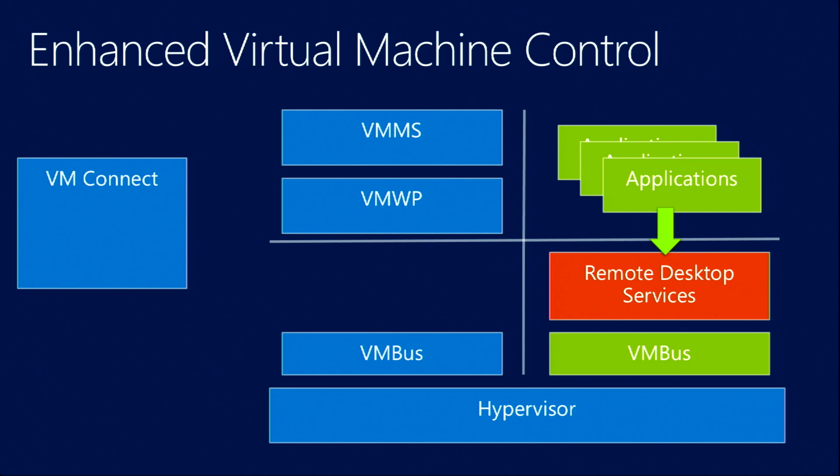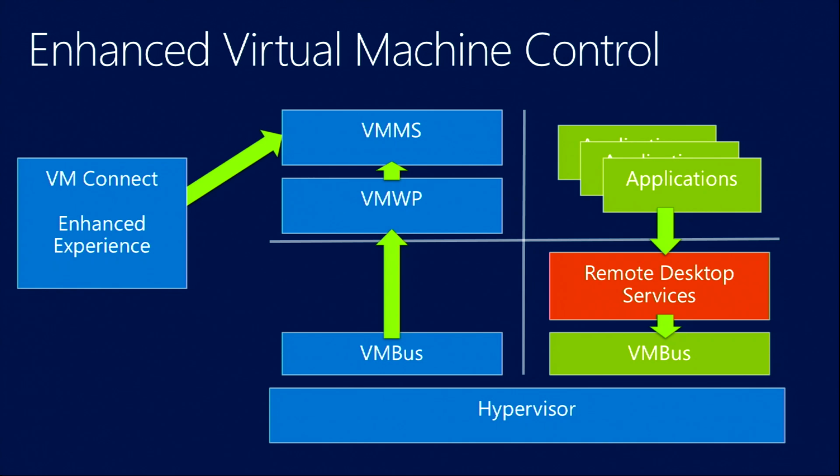So the application talks to remote desktop, but once again, we're sending this over VM bus. We're constructing it in the worker process. VM Connect is connecting. So all the scenarios where VM Connect works today continue to work with the enhanced mode. That's really cool. That was one of the things that we knew: we didn't want to make this more fragile in any way.